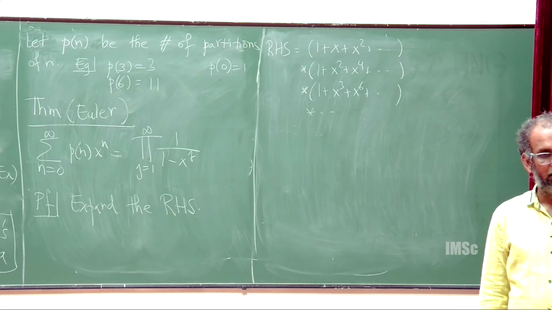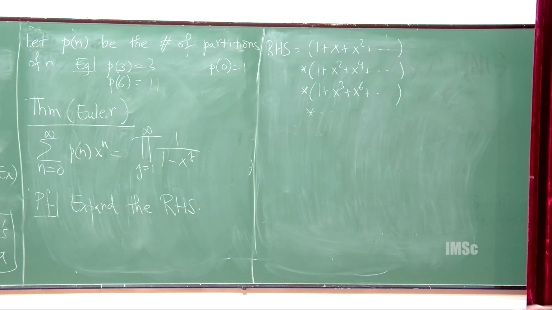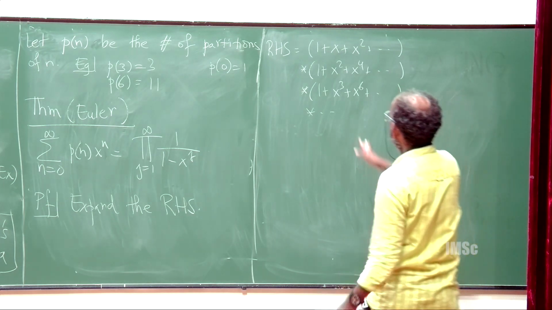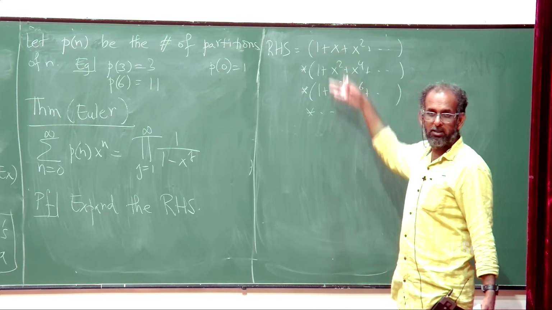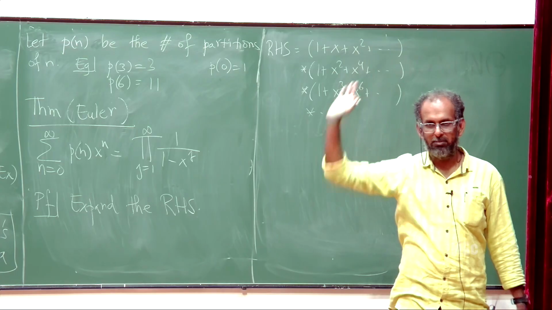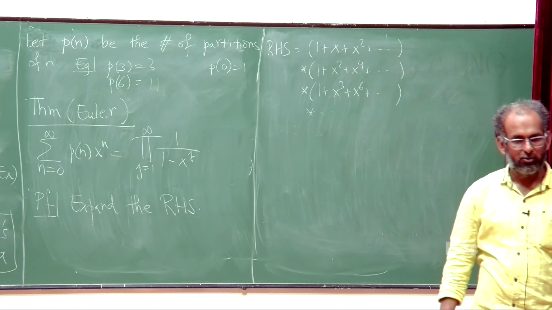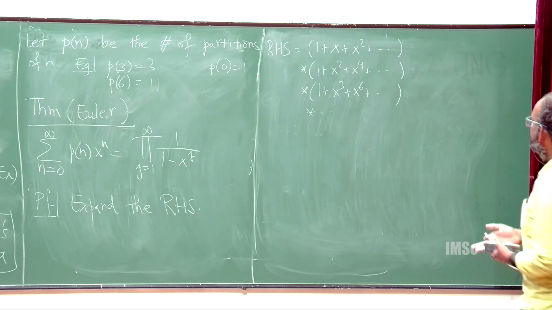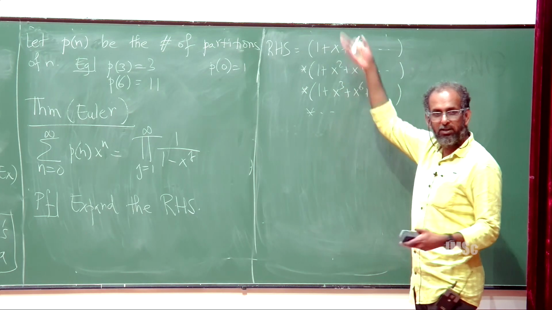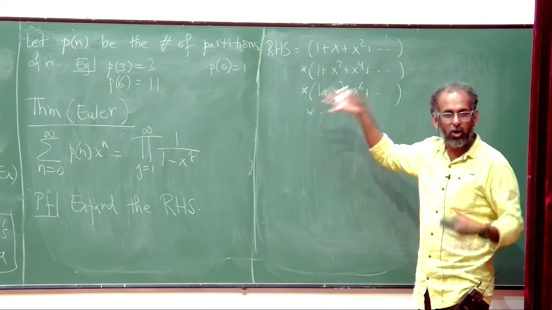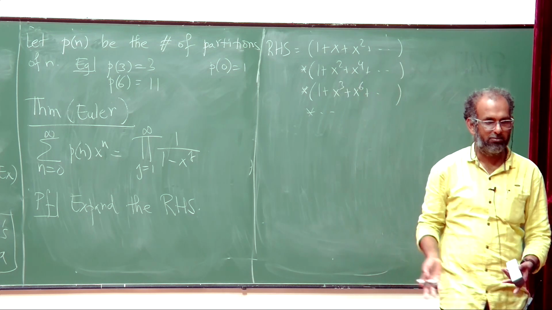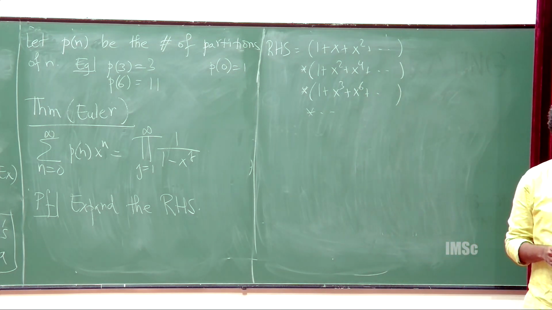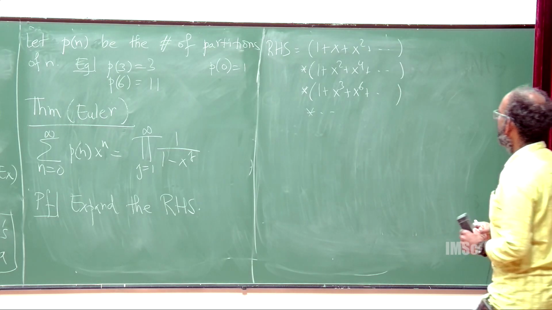If you take some other term in infinitely many terms, then you will get x to the power infinity or whatever. It makes no sense, right? So the only way you get a finite power is that you take one from infinitely many terms and take not one from only finitely many terms, right? Is that clear? That's the first part. Okay.